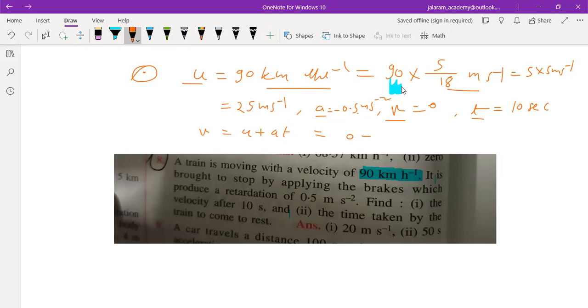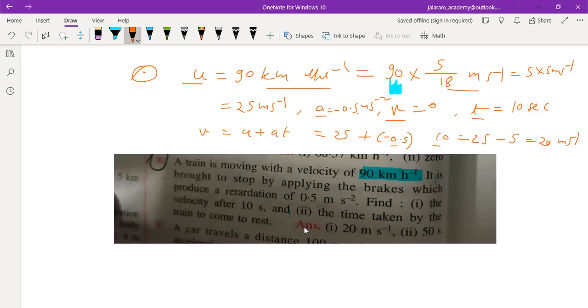So initially the velocity was 25. So v equals 25 plus a, which is minus 0.5, and t is 10. So it is 25 minus 0.5 into 10, which is 5. So it is equal to 20 meter per second.